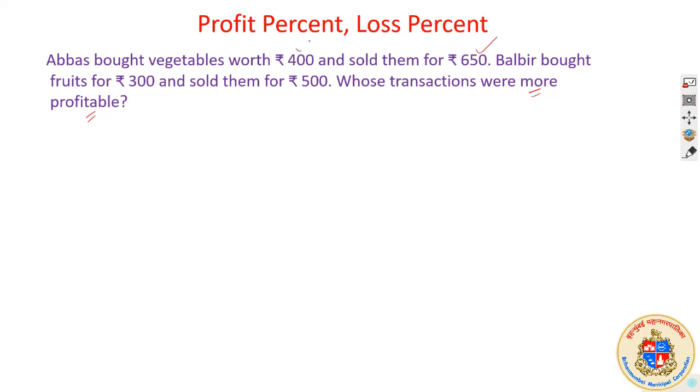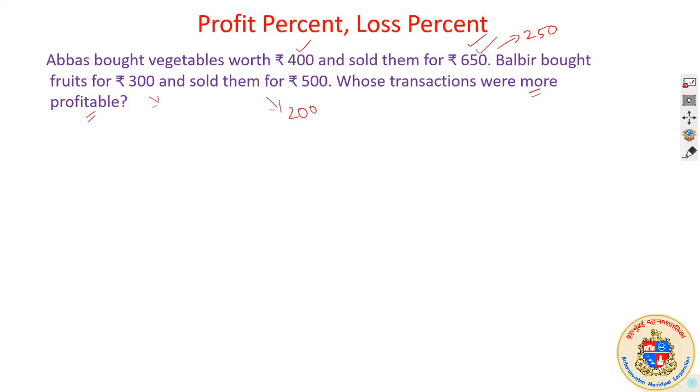In a simple look, 400 rupees invested by Abbas and he earned 650, means 250 rupees he earned, correct? And as far as Balbir is concerned, 300 invested, that is the cost price, and 500 is what he earned, that means he earned 200 rupees.